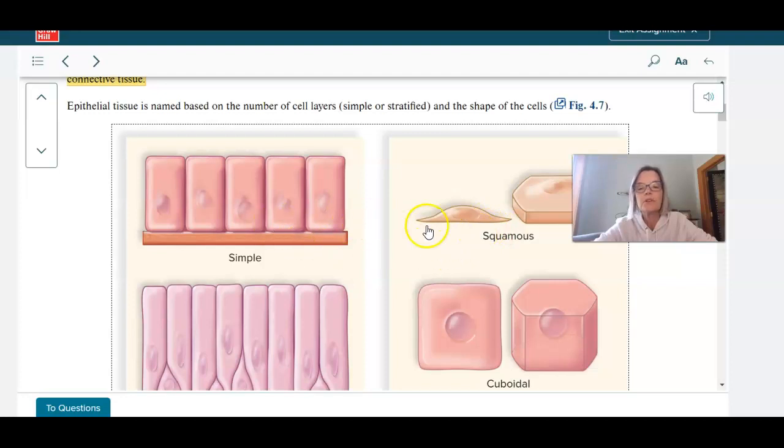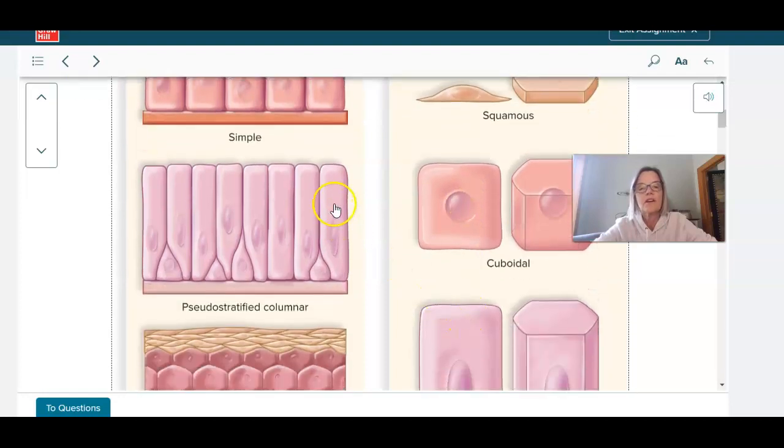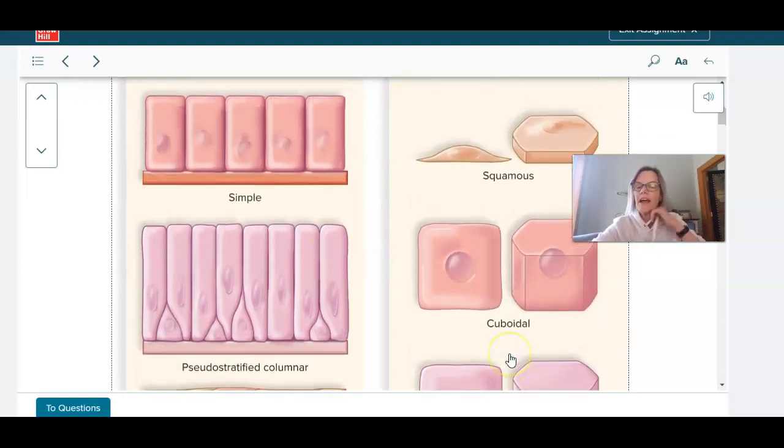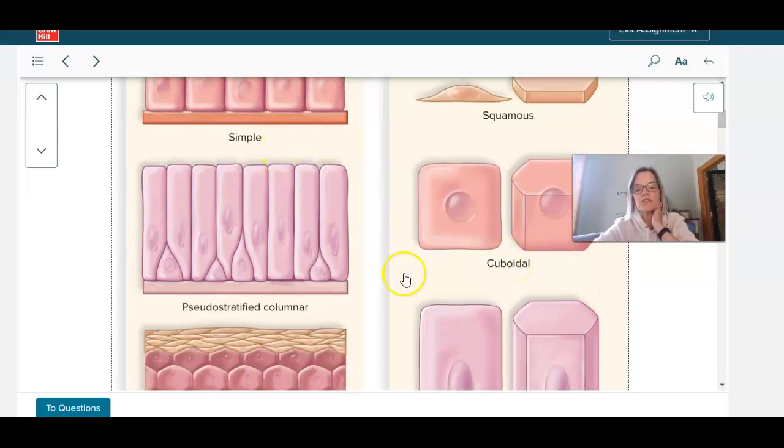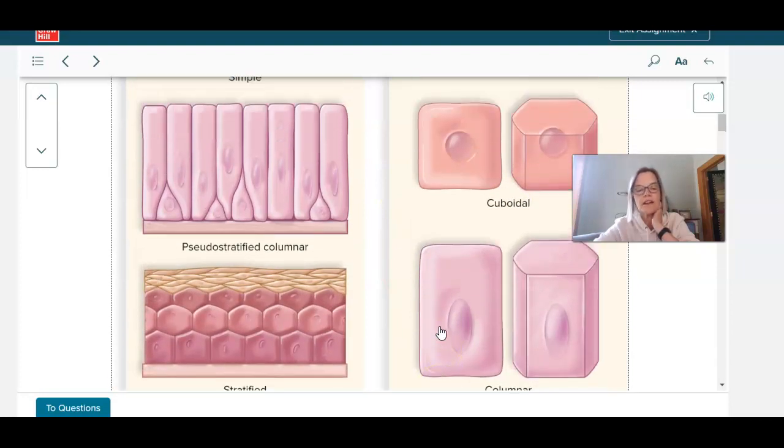You can have simple squamous, simple cuboidal, or simple columnar. And those are single layers of flat cells, single layers of cuboidal cells, or single layers of elongated cells.